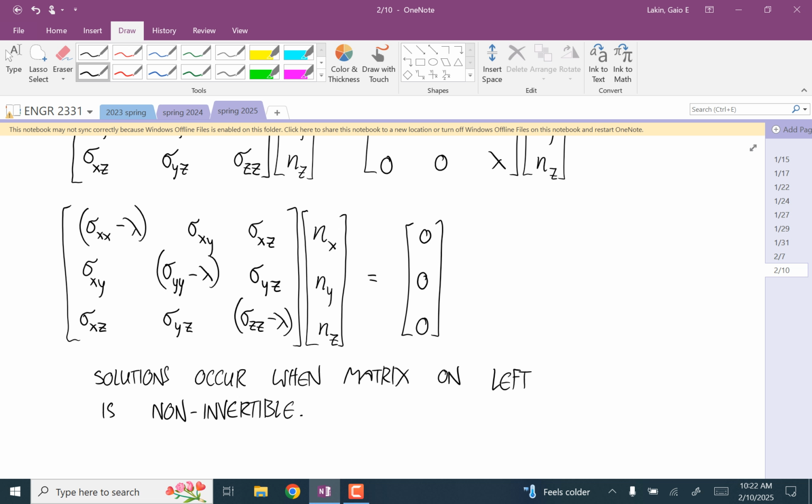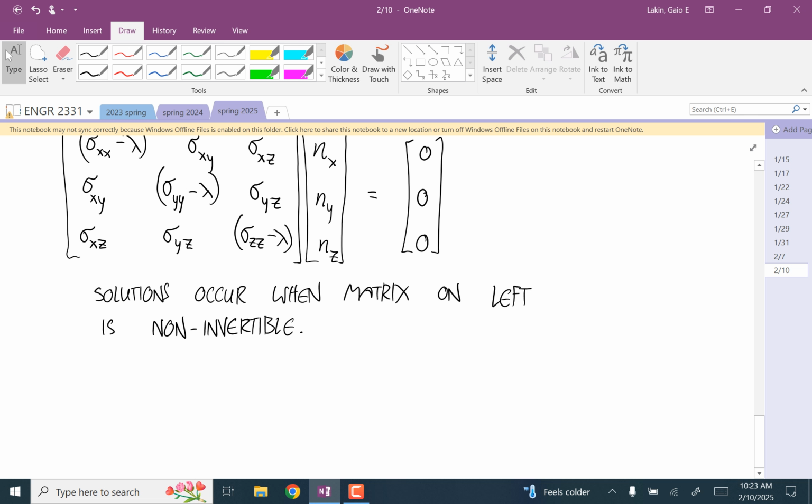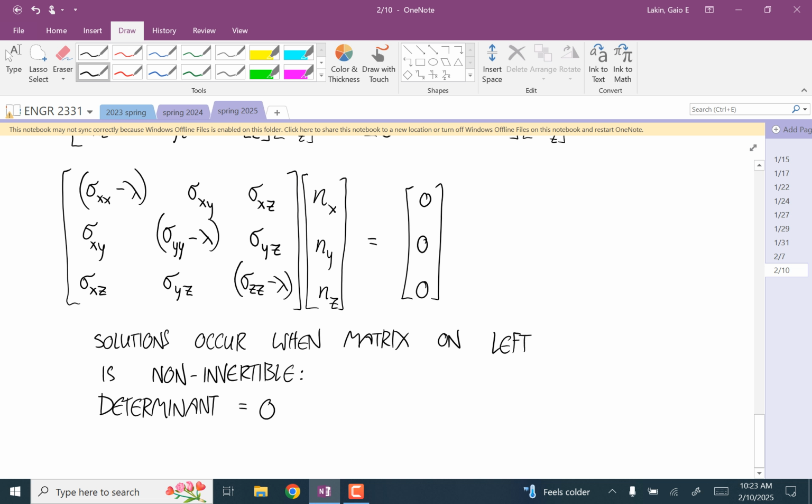There's a pretty simple test for whether a matrix is invertible, and that is when the determinant is equal to 0. So it's non-invertible when the determinant is equal to 0. Now we've turned this problem into, we have this matrix over here on the left, and we just want to find when the determinant is equal to 0. How many of you guys have done determinants before?